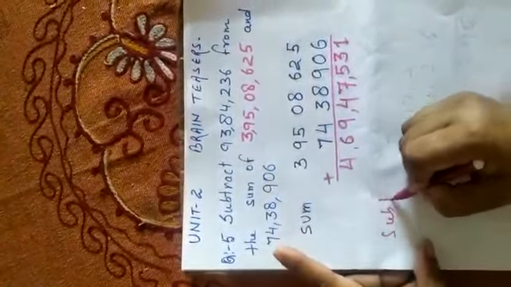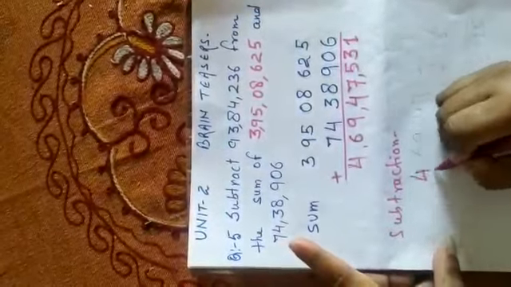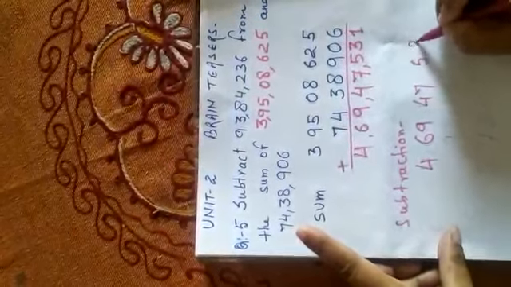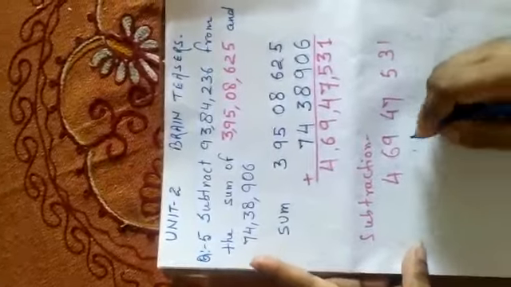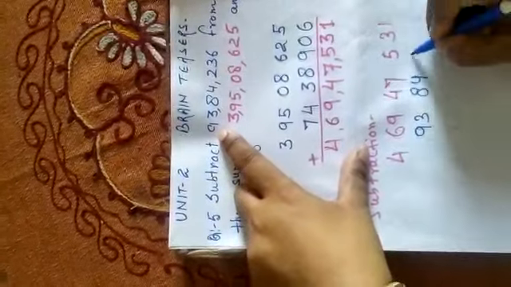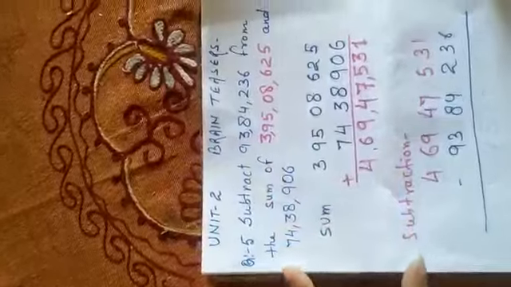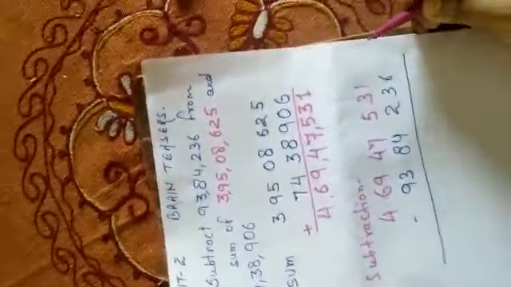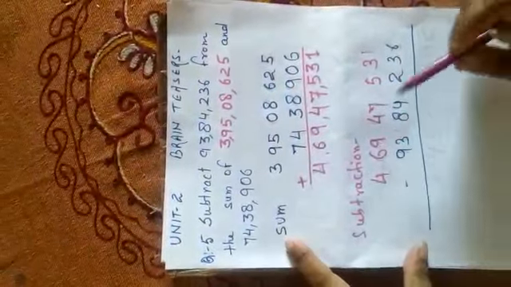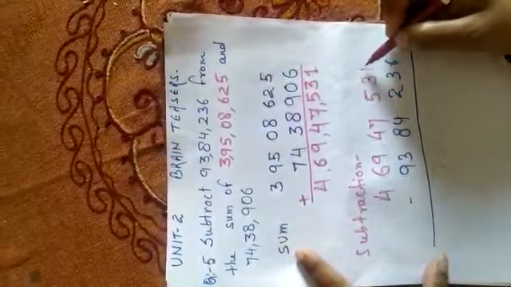So we will do the subtraction. 4 crore 69 lakh 47,531 and 93 lakh 84,236. So this 93 lakh 84,236 is subtracted from what, children? This sum, the result of addition, 4 crore 69 lakh 47,531. Now let's start from the ones place.